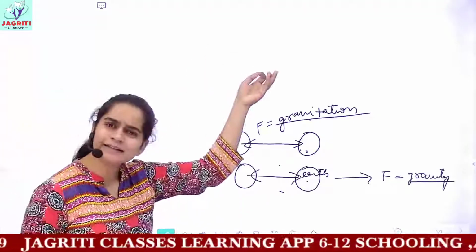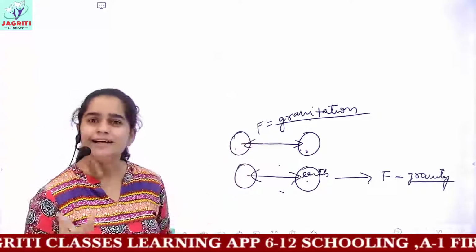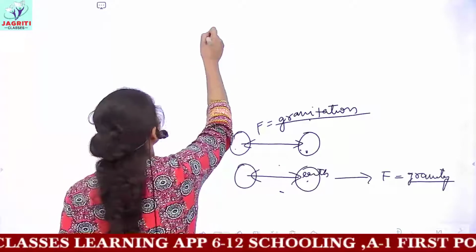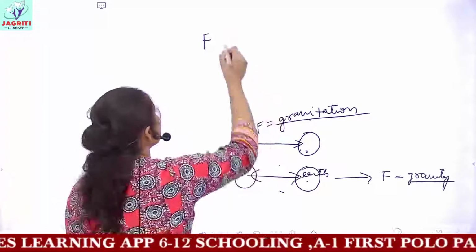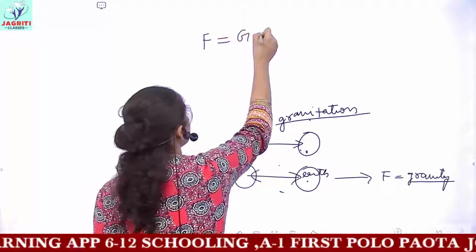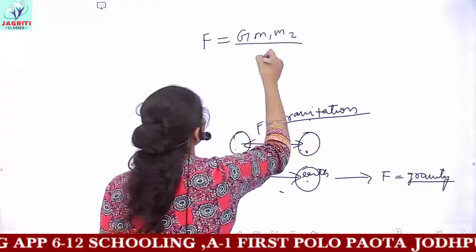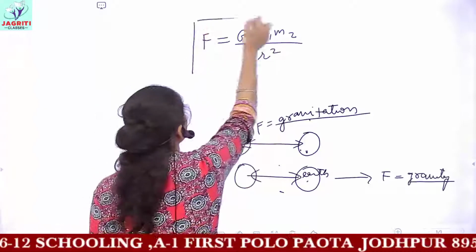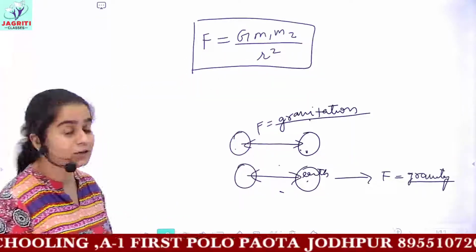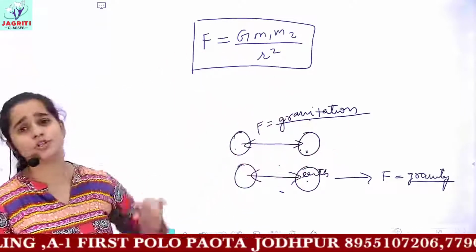From the statement itself, I gave you a very simple derivation, and at last, when we remove the proportionality sign, we get the formula G m1 m2 divided by r square. This is the formula we obtained for the gravitation or gravity force.